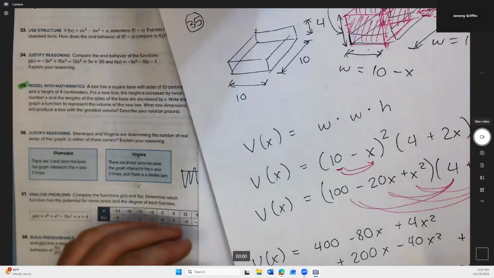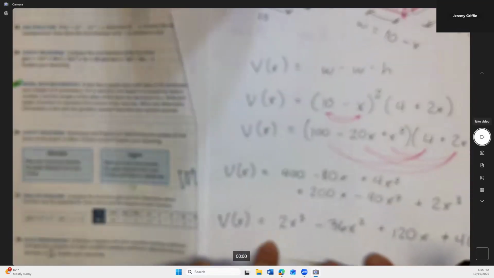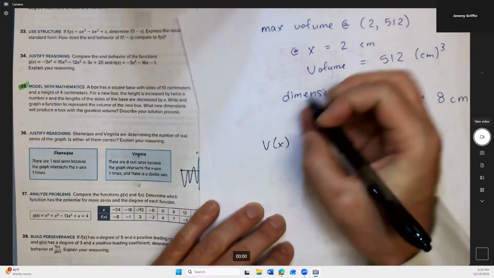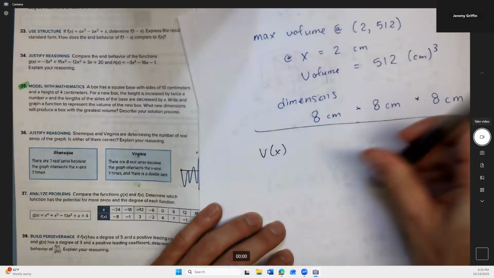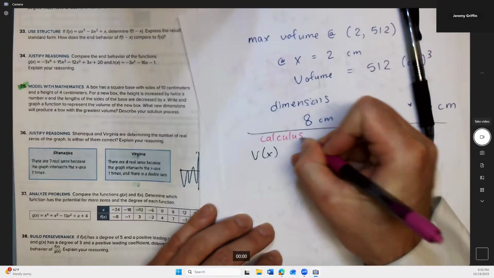So here's a calculus bonus. I can show you another way to optimize this. I'm going to copy this function right here. Volume is a function of x. Let me write that down. I'll write this as a peak so it stands out. Calculus bonus!